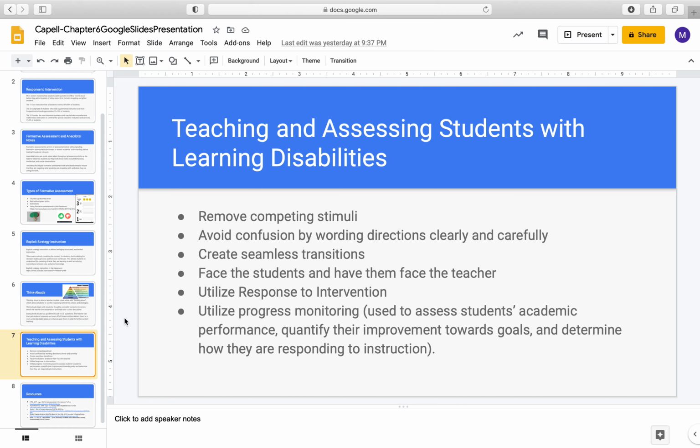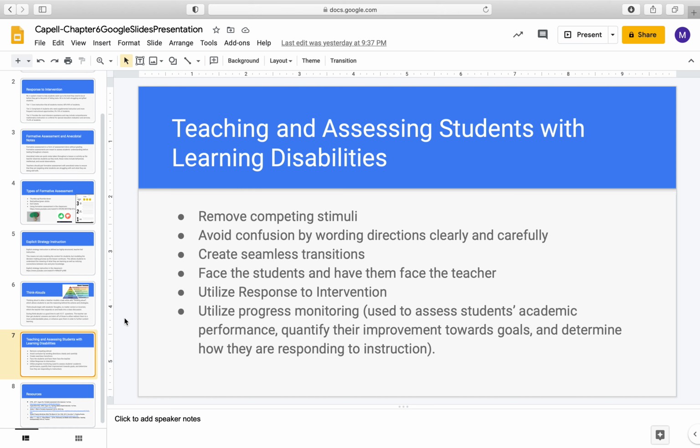Another thing I think is super important, because I see this even in, like, I work at a daycare, is creating seamless transitions, because I know for a fact that whenever transitions are disrupted, or when there's too much wait time between transitions, that's when a lot of behavior stuff starts, and also maybe confusion for the students, because they're in an empty space where they either don't have anything to do, or they don't know what they're supposed to do because they haven't been given instructions yet for the next part.